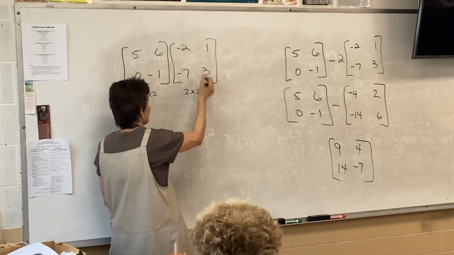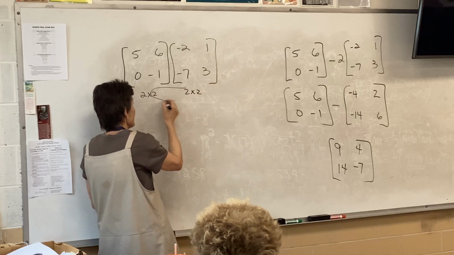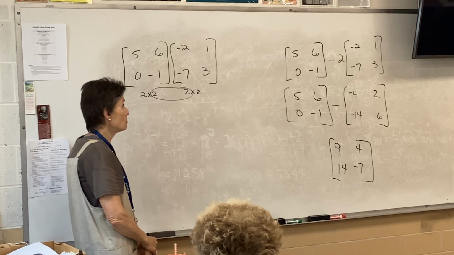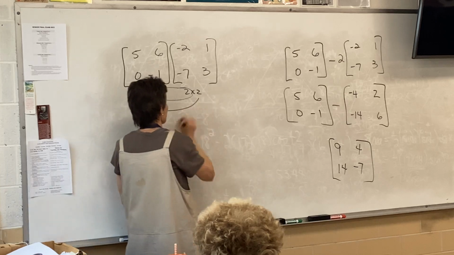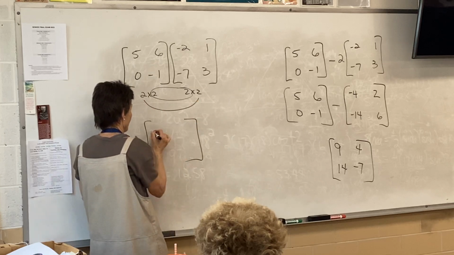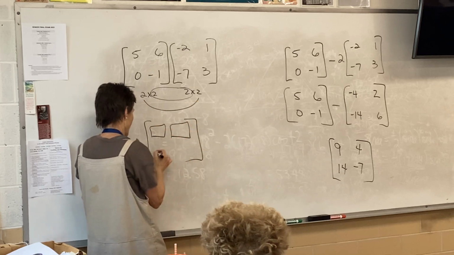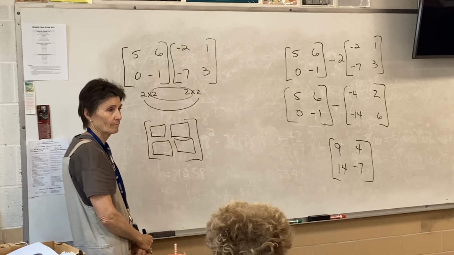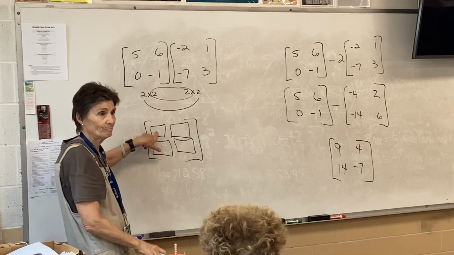This is a 2 by 2, 2 rows, 2 columns. These match, so we're good to go. And this tells me my answer. So my answer is going to be another 2 by 2, 2 rows, 2 columns. Remember how to find that number?